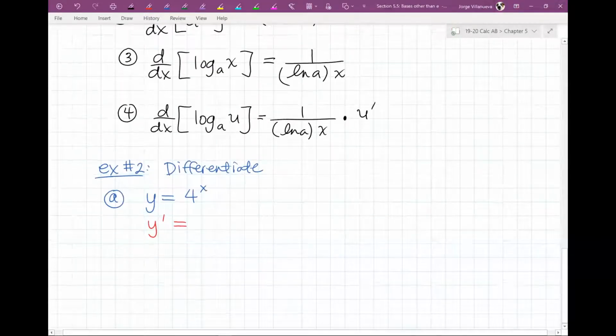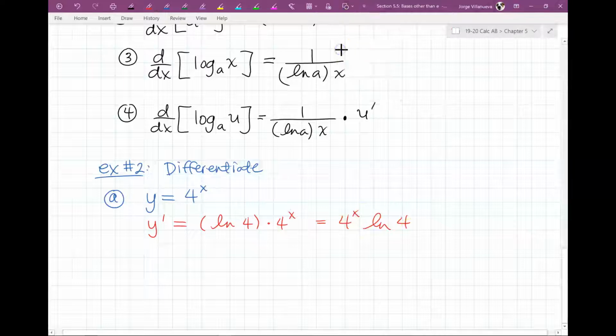So a is 4, so I'm going to write ln of 4 times 4 to the x. And I'm done. Now usually people prefer to write it like this, but it's okay if you don't. Okay, but there you go. So that's pretty easy.